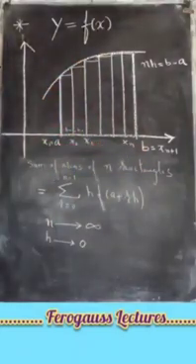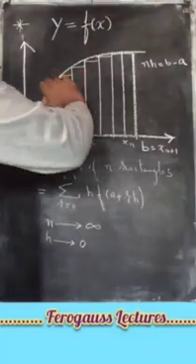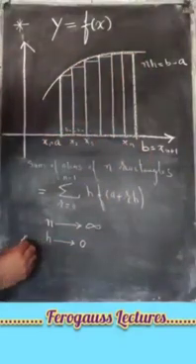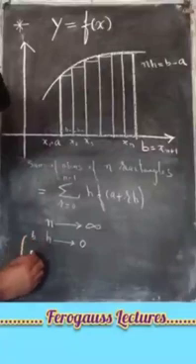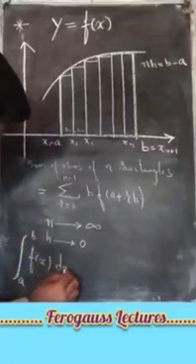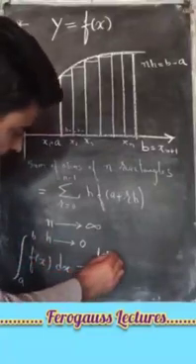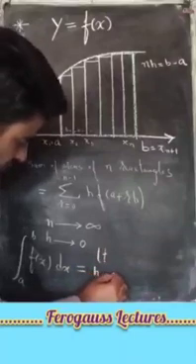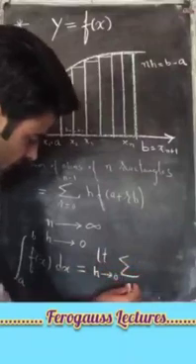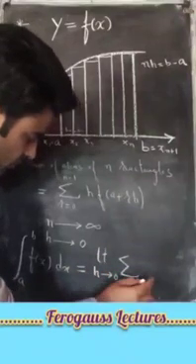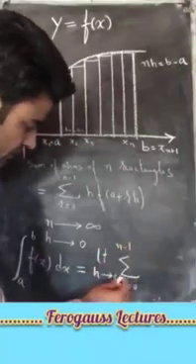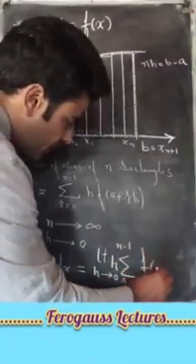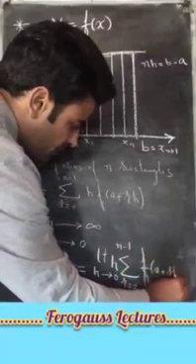So we can write the area under curve y is equal to f(x) between points a and b, that is integral a to b f(x) dx, is equal to limit n tends to infinity or h tends to 0, summation r running from 0 to n minus 1, h times f(a plus rh).